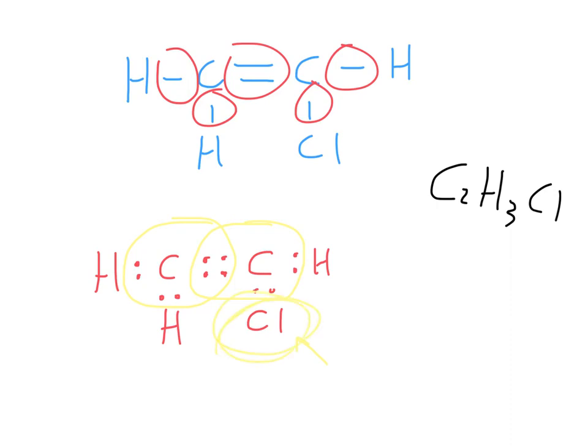The only thing it has right now are the 2 electrons that it's sharing with carbon. So to fix that, I need to add the 3 unshared pairs, or the 6 non-bonding electrons that chlorine has. And now there's my complete correct electron dot structure for a molecule of C2H3Cl.